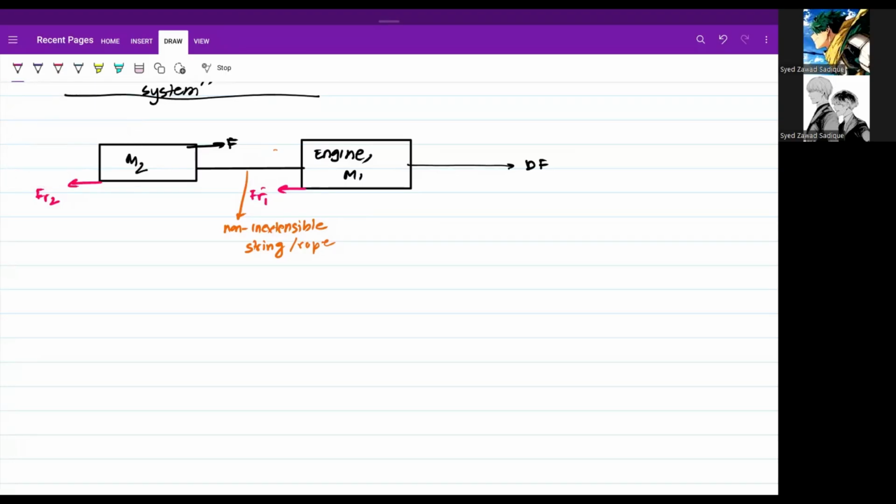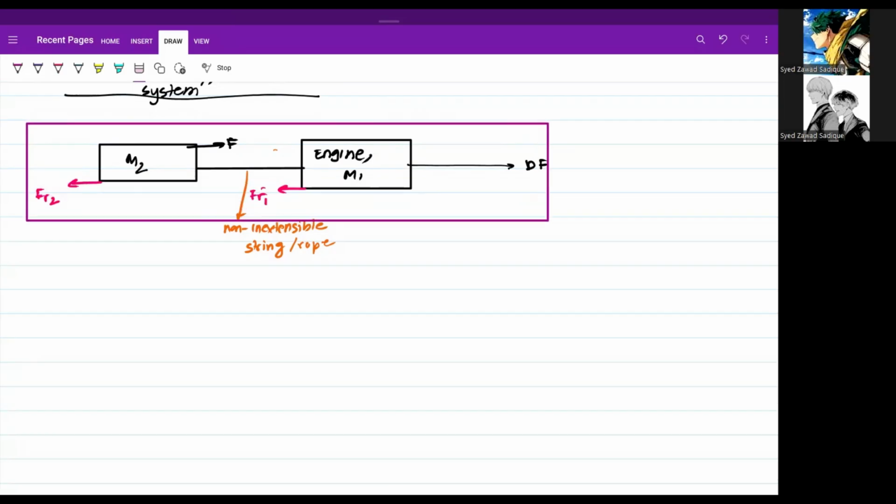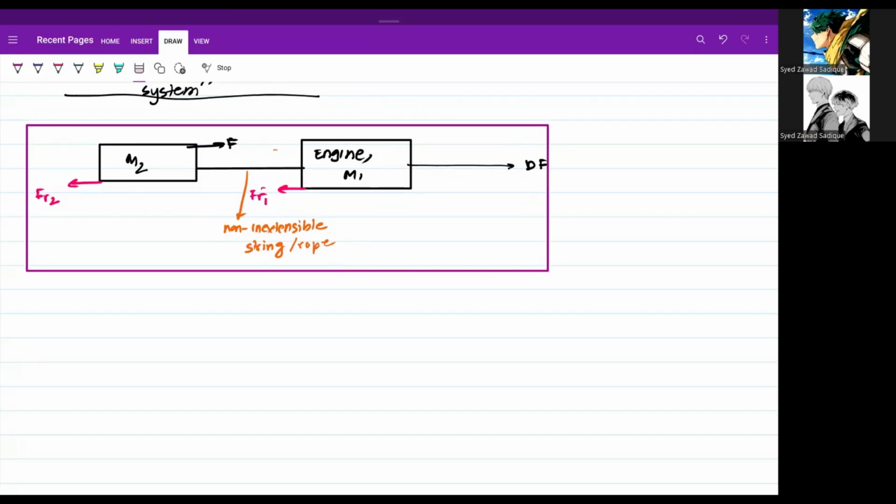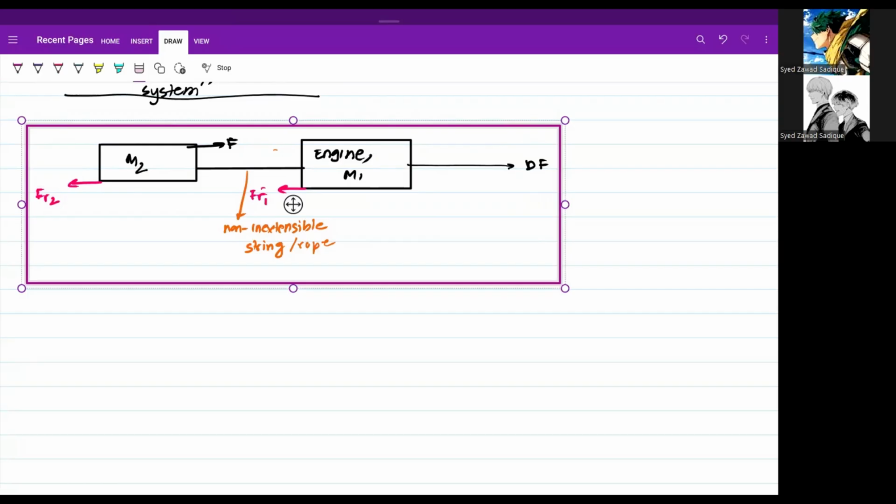This entire thing is working in a system. Now, coming back to the bigger things, what is the formula for everything? Net force.